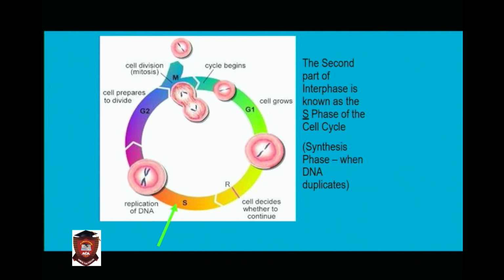But if it passes it, the cell really wants to continue the journey of cell division. So the resting phase is known as G0. It is like a stage. If you pass it, you must divide. But if you don't want to divide, you just go and rest in G0.